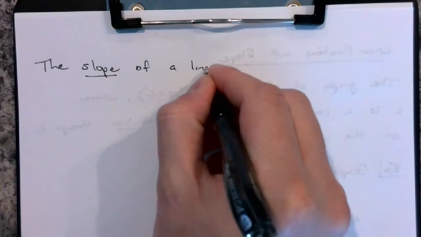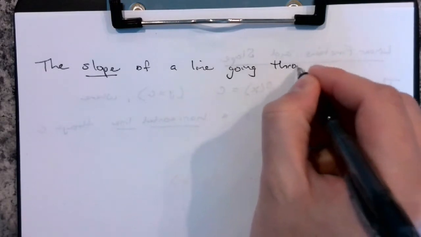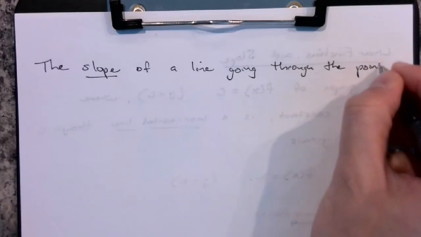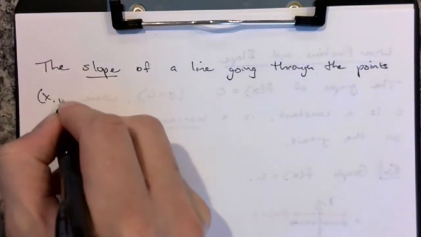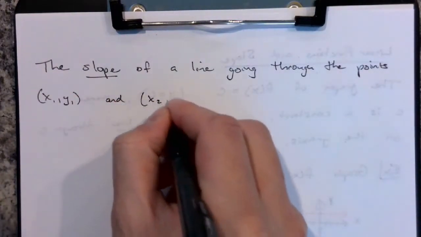Let's talk about slope a little bit here. So the slope of a line going through the points x1, y1 and x2, y2.